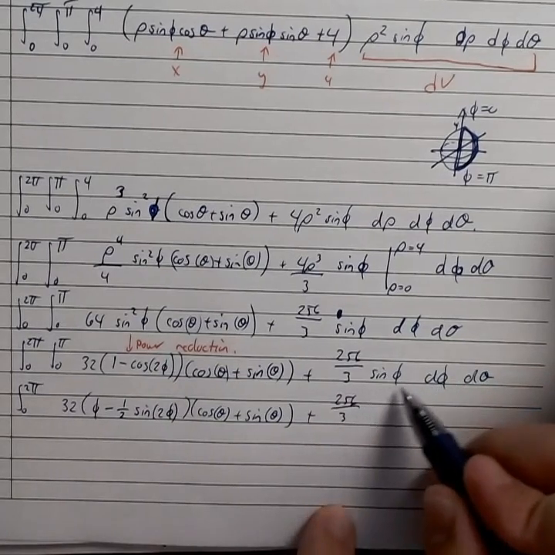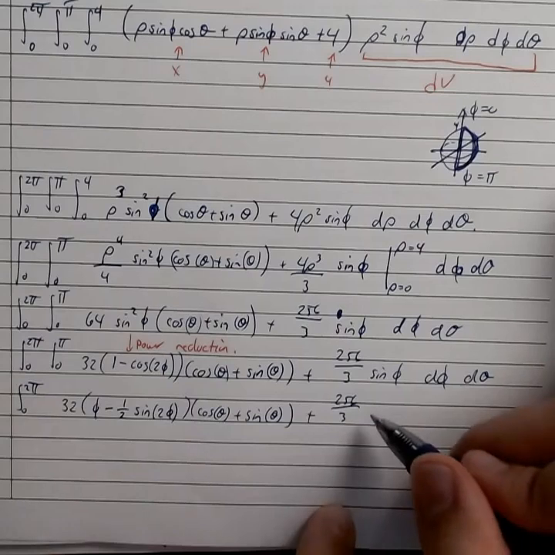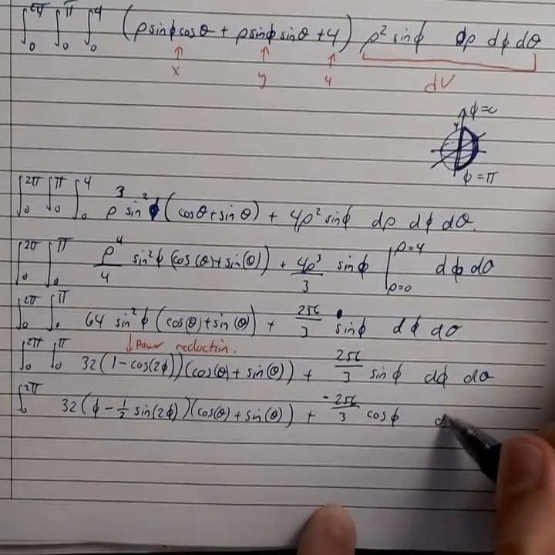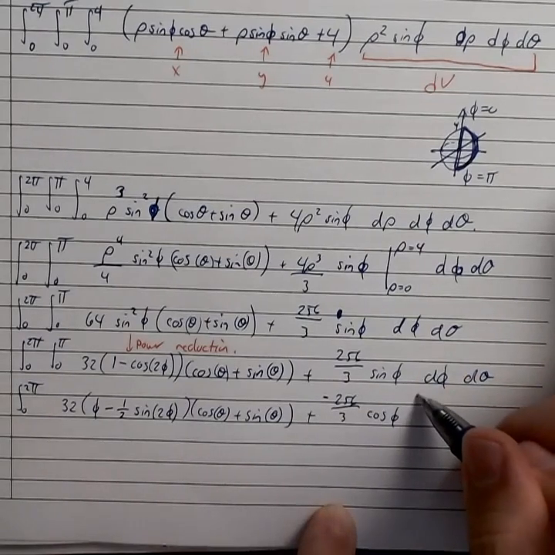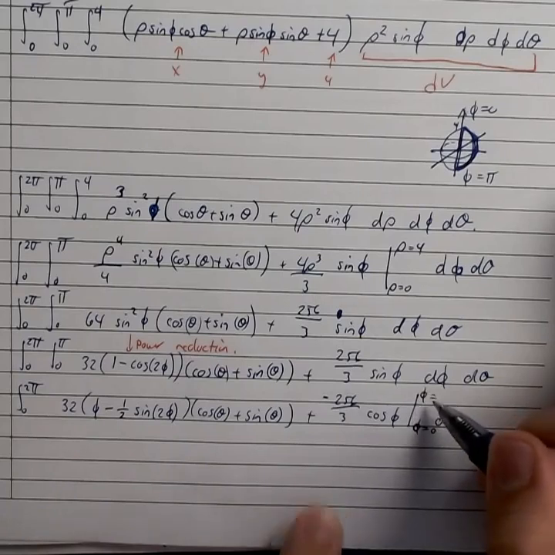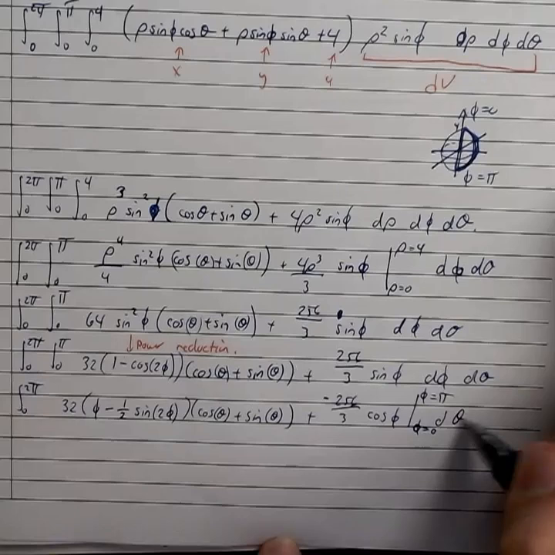The integral of sine of phi is negative cosine of phi. So I can write that as negative 256 over 3 cosine of phi. Here I'm going to evaluate from wherever phi is equal to 0 up to wherever phi is equal to, what did we have, pi? Like that.